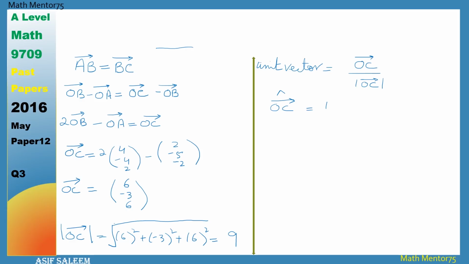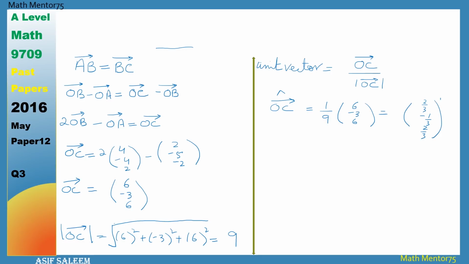We are going to divide the OC vector by its magnitude, which is 9. OC vector is 6, minus 3 and 6. After simplification, we have 2 over 3, minus 1 over 3 and 2 over 3.